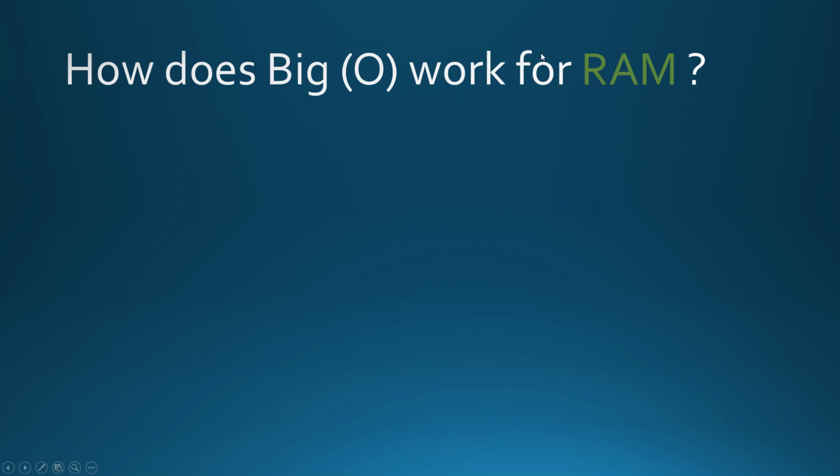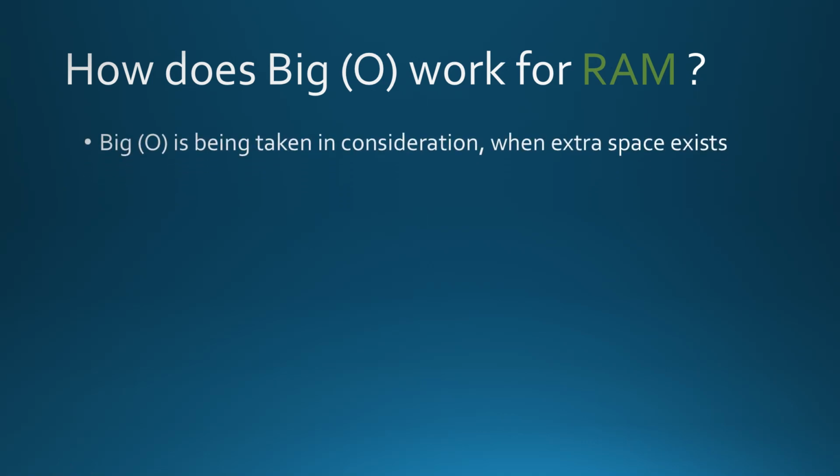Alright, now we're speaking about RAM, and in order to measure the space complexity for the RAM, it's also called big O notation for that RAM. We need to have some kind of more understanding of how it is calculated.